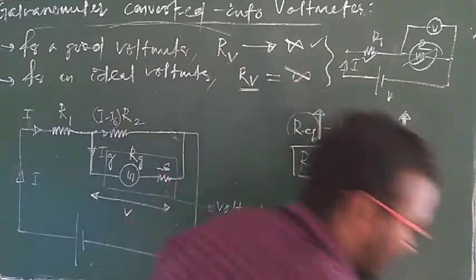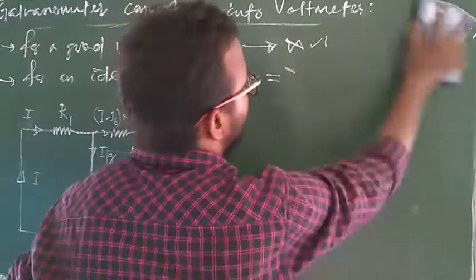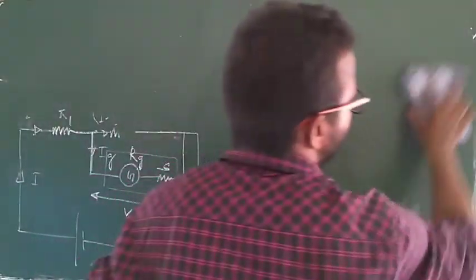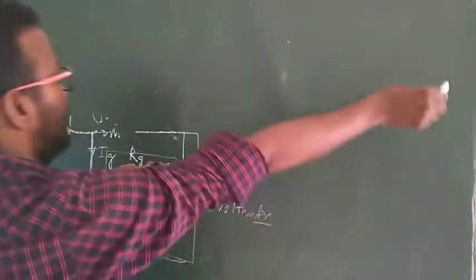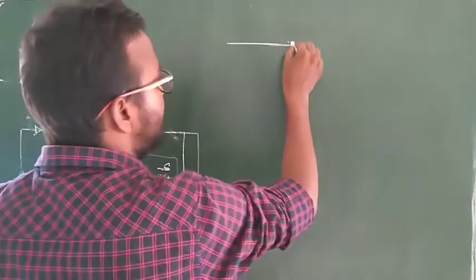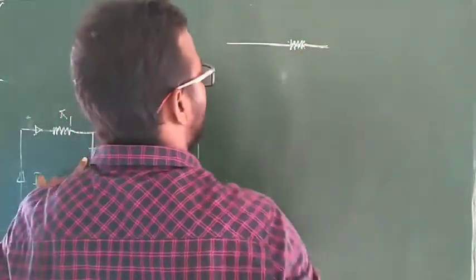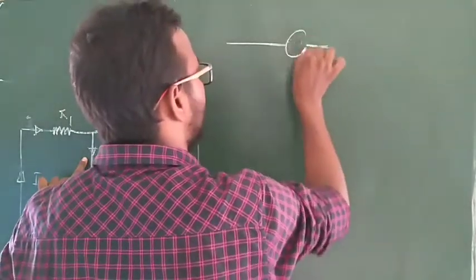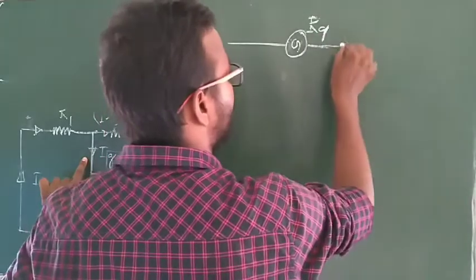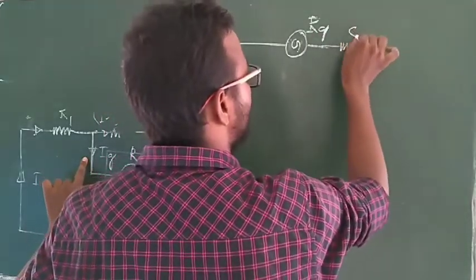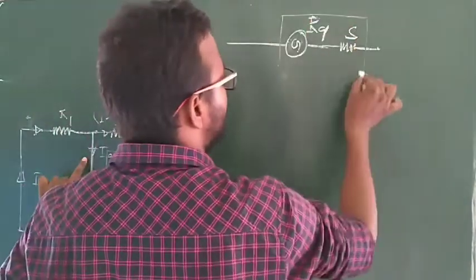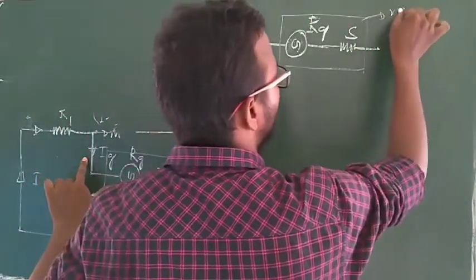If we make a simple circuit diagram to understand the conversion of a voltmeter, we can draw this diagram. There is a galvanometer G whose resistance is Rg, and we connect a shunt high resistance in series, and this total arrangement is known as a voltmeter.